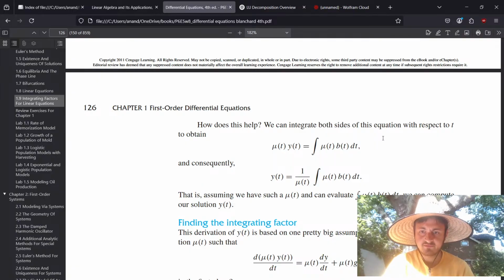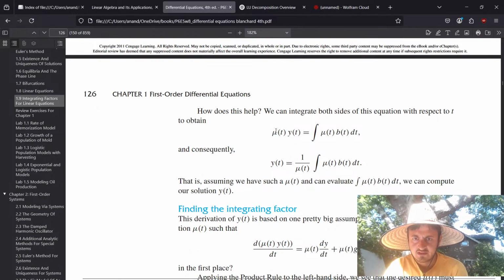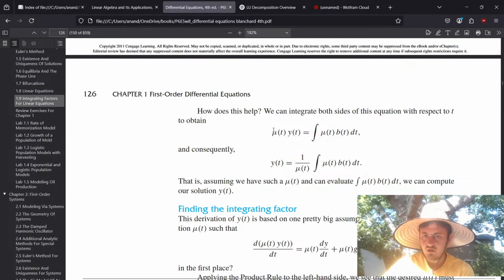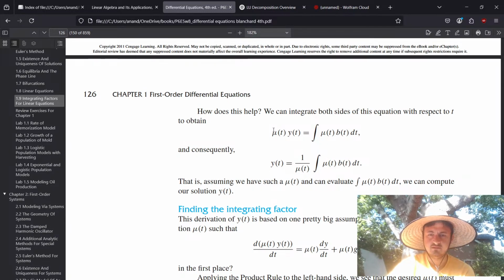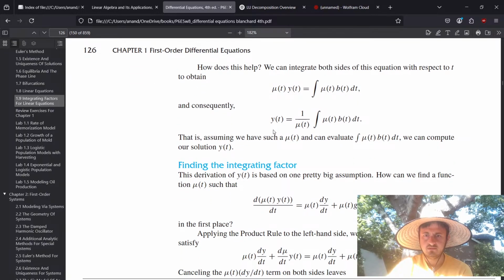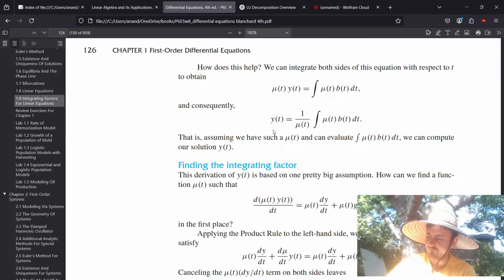By the fundamental theorem of calculus, I believe, we just get uy is equal to the integral of ub dt. Okay, so then, finally, the full solution is y of t is equal to 1 over u of t, integral u of t times b of t dt.